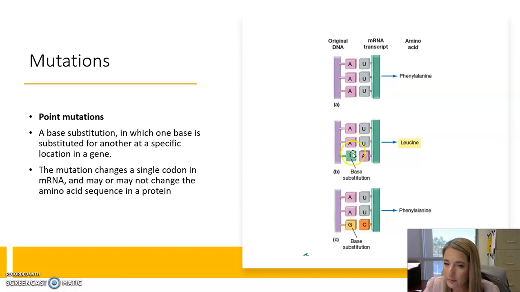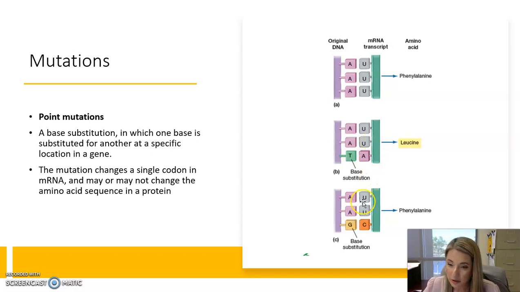And when the ribosome reads this codon sequence during translation, it is no longer coding for phenylalanine. Instead, it's coding for the amino acid leucine. So that means where we were supposed to have phenylalanine built into that protein, now we have leucine, which could make the protein completely non-functional, or it could change the function of the protein. And again, depending on what that protein is being used for, that's going to dictate what's going to happen to the cell.